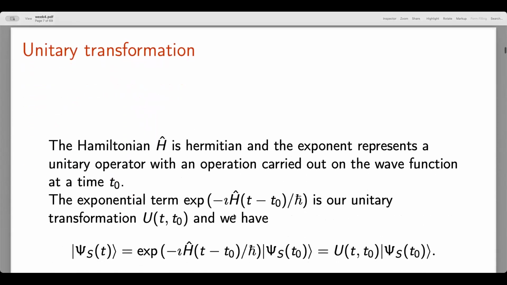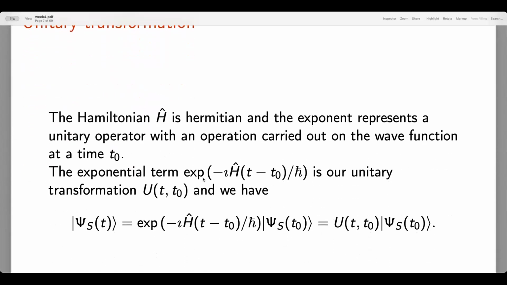So what we would say then is that this quantity here, this exponential, represents a unitary transformation, which we would typically label as an operator which takes us from a time t0 to time t. And the way you can read this is as a transition operator, which tells you something about the likelihood of going from a time t0 to a final time t.